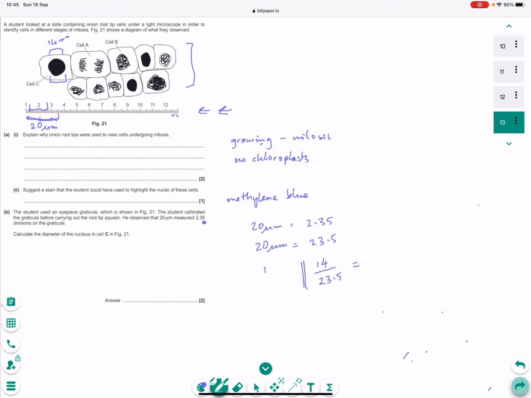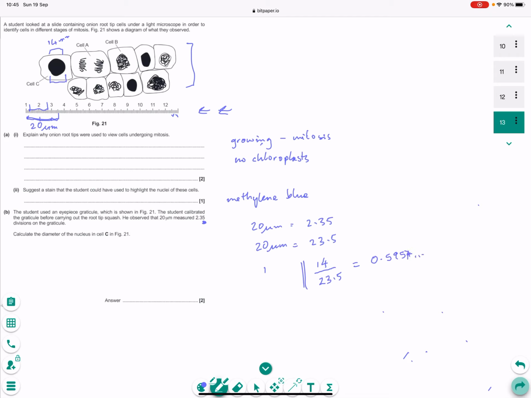This is the degree by which it's smaller.